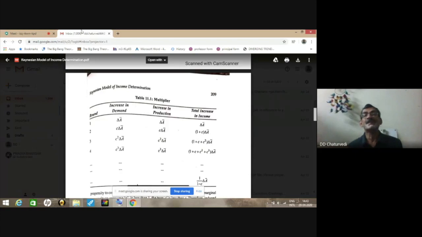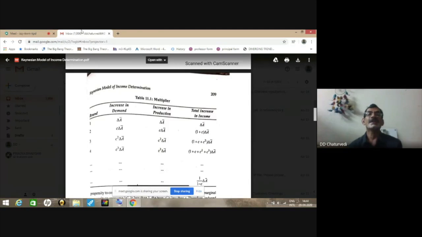For example, suppose somebody spends 1000 rupees, and the person who receives this income will not spend the entire amount. He will keep some amount as saving, say 10%. So the remaining 90% will be spent. And this 90% is nothing but MPC. So in the next round, the expenditure or increase in demand will be given by C into delta A bar.